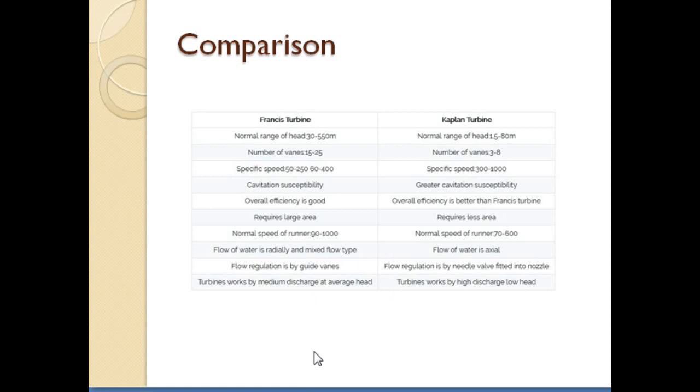Kaplan turbines work with high discharge and low head. Because only 15 to 80 meters of height is enough to generate power in the case of the Kaplan turbine, you have to supply more water, high discharge, so that you get the same amount of power.